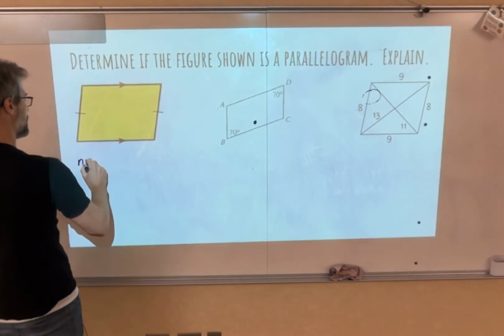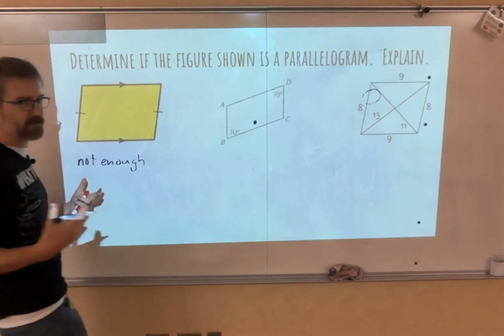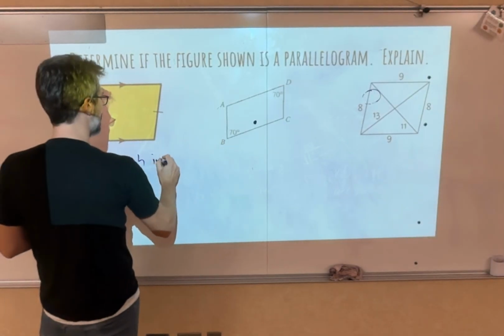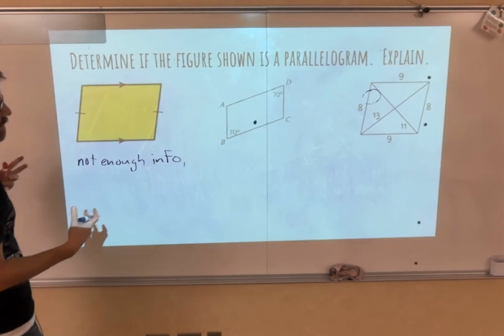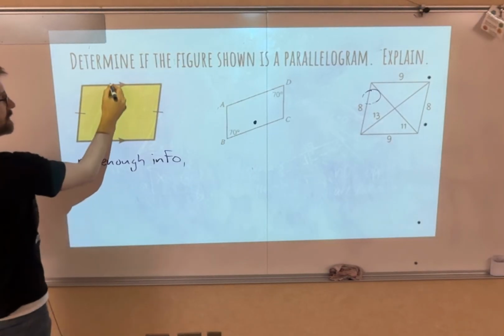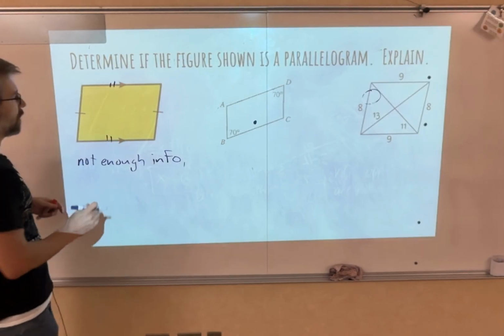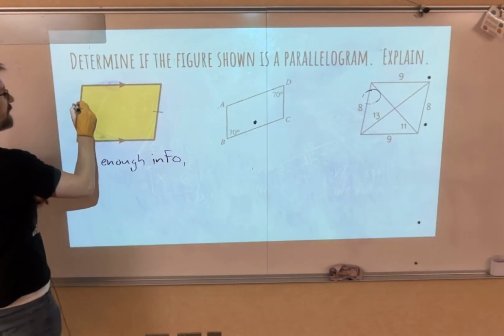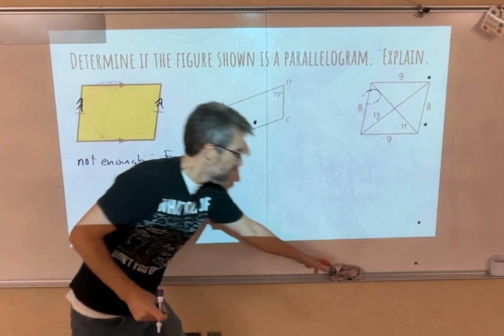So this one is not enough info. It could be, it's not a definite no, but we just don't have enough info. I would need to know that these 2 sides are equal, or I would need to know that these 2 sides are parallel, right?